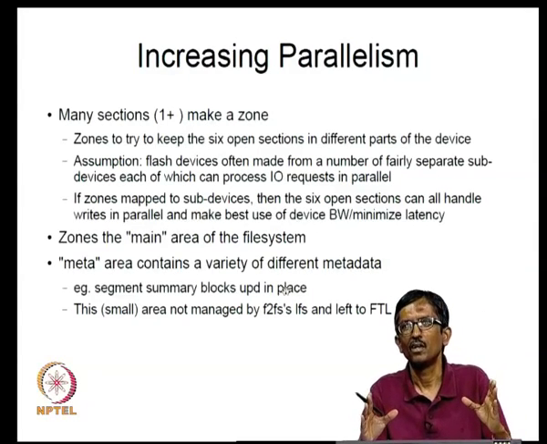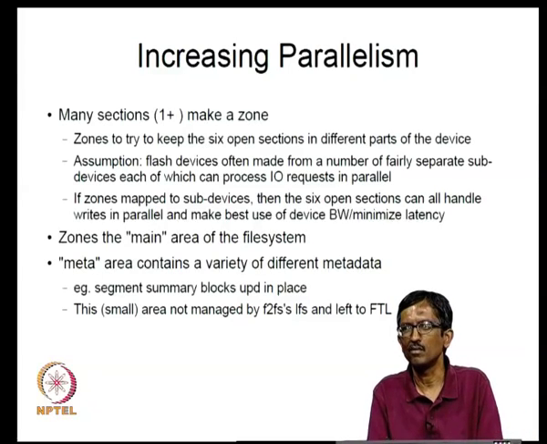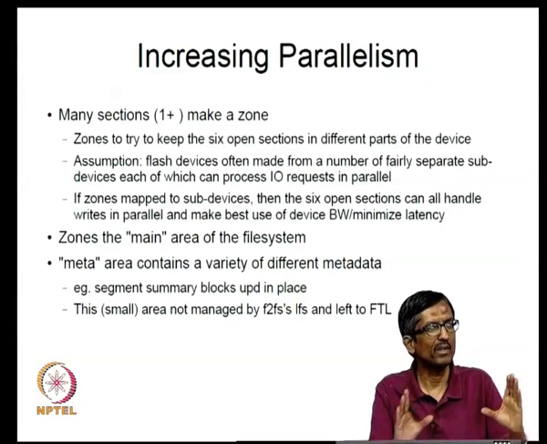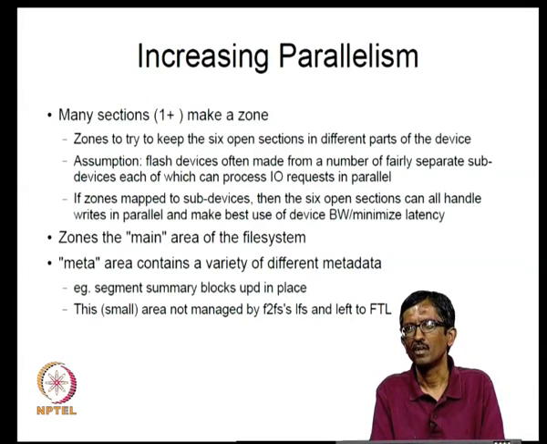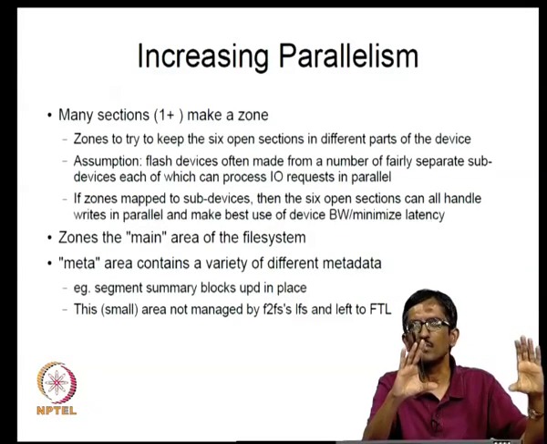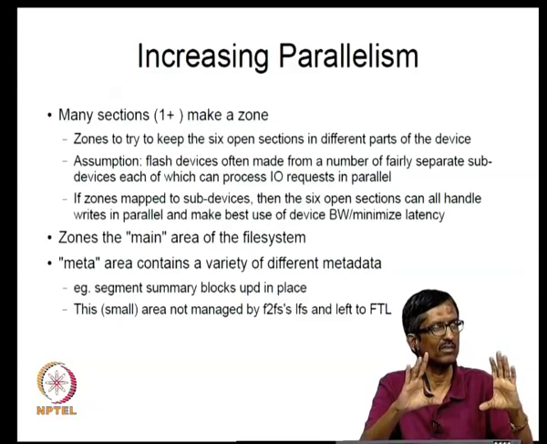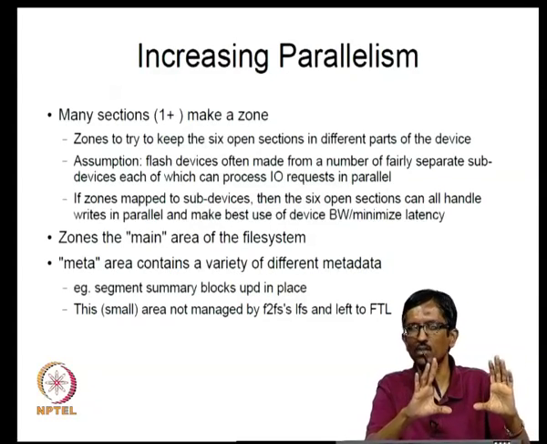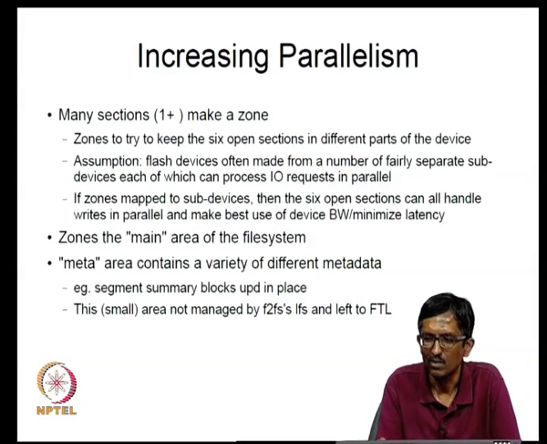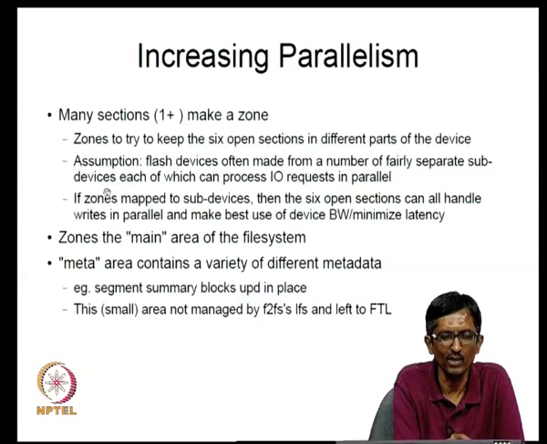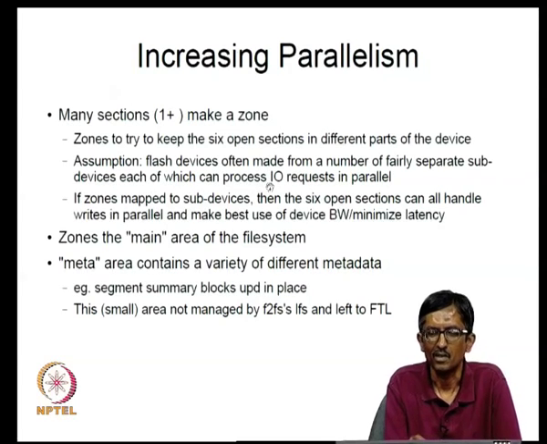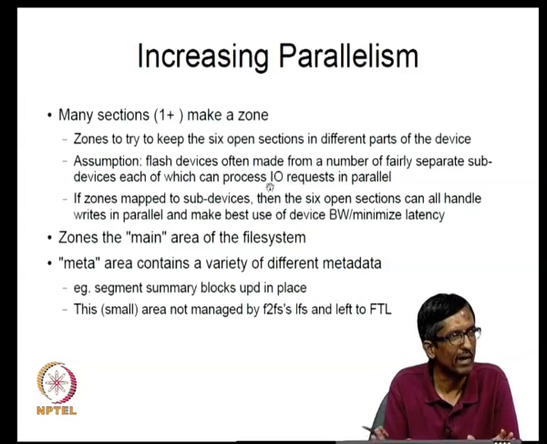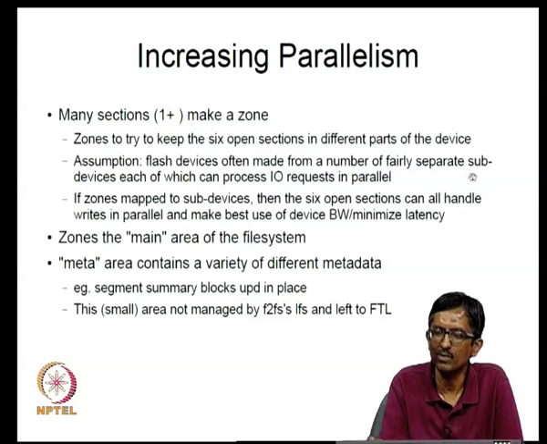As I mentioned, if you look at a large SSD, it is made of many chips, and for example 9 of them make a bank, then you might have 64 banks, some multiple interfaces, etc. Each of those sub-devices, if they can be accessed in parallel, then you have parallelism. So flash devices are made up from fairly separate sub-devices, each of which can process other requests in parallel. I think you are familiar with this part.